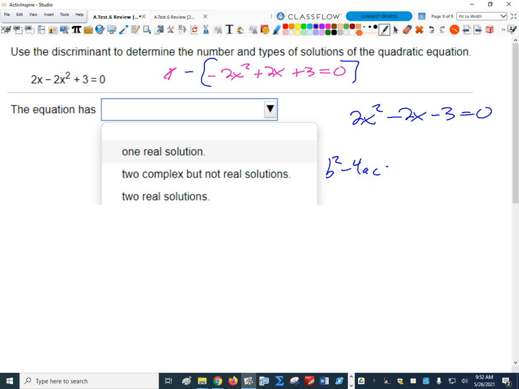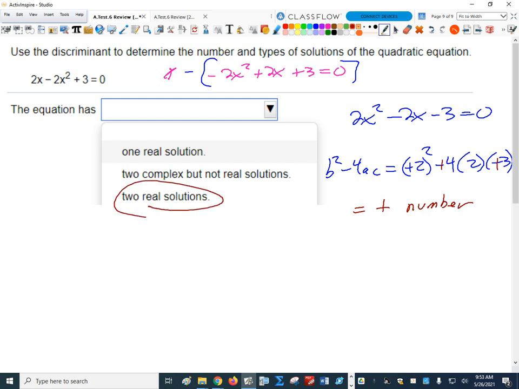So b squared minus 4ac is negative 2 squared, but we'll make it a positive 2 squared, minus 4 times 2 times negative 3. Look what happens. Negative times negative is positive. We know we're getting a positive number, which means we're getting two real solutions. Exactly. We made it. All right. Good work.